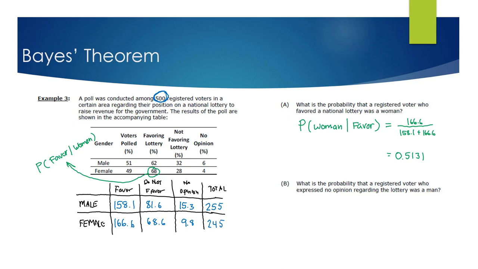So about 51.3% of those who are in favor are actually women. So I have to be careful, because the probability of someone being a woman, given that they are in favor of this lottery, can and oftentimes will be different than the probability of someone being in favor of the lottery, given that they are a woman.